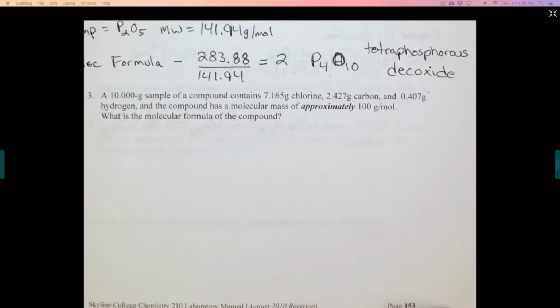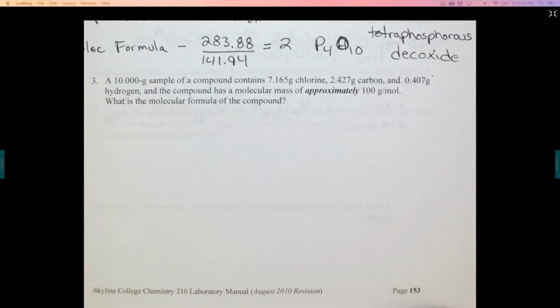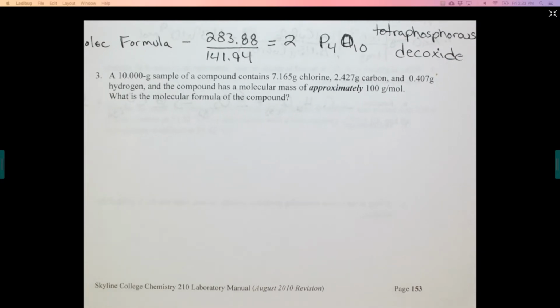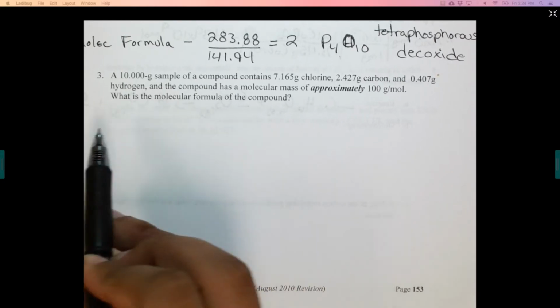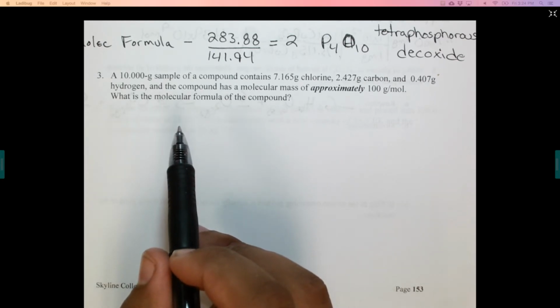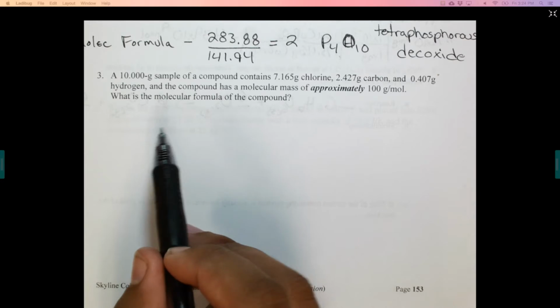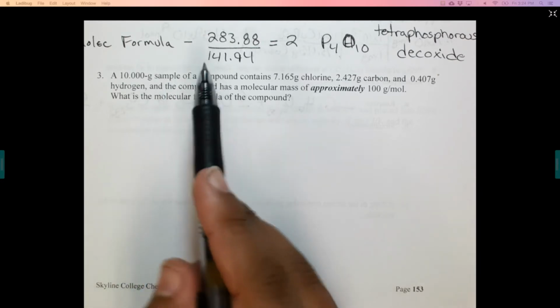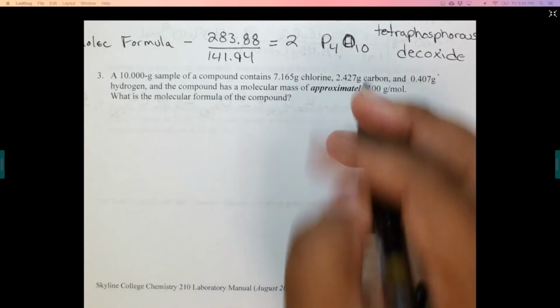Question 3, also an empirical formula question. They tell you the molecular mass is approximately 100 grams per mole, and they give you a 10-gram sample that contains chlorine, carbon, and hydrogen. So we do this exact same process. The empirical formula here ends up being, and I'm going to let you do this work, but I'm going to give you the answers.